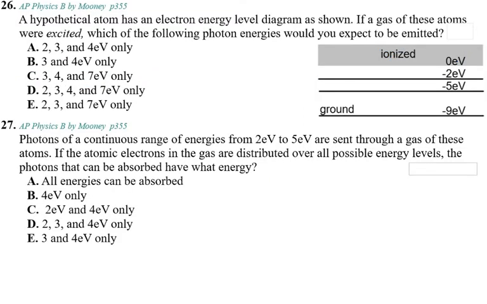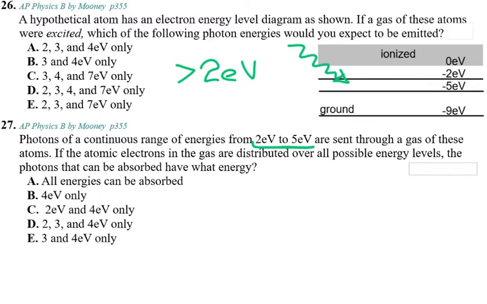The next question is related to the previous question, and they say photons of a continuous range of energies, 2 to 5 electron volts, are sent through the gas of these atoms. If the atomic electrons of the gas are distributed over all possible energy levels as shown in the graph, the photons that are coming carry energies of 2 electron volts or greater, or between 2 and 5, it doesn't matter.